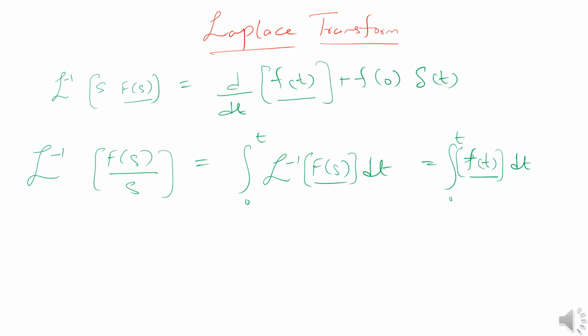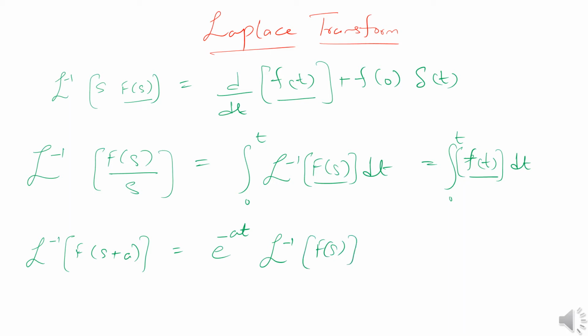And then we talked about the shifting properties. There is a first shifting and a second shifting property. The first shifting property is: Laplace inverse of function of s plus a is equal to e raised to the power negative at multiplied by the Laplace inverse of function of s.